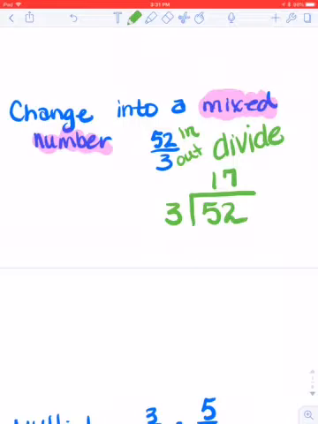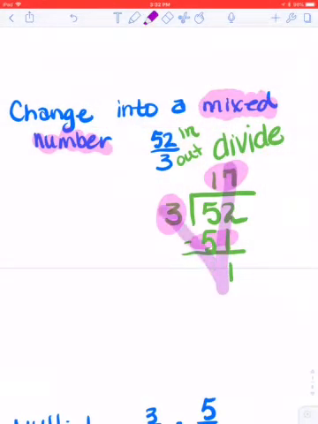So if I take 17 times 3, that number's going to go here. That's going to be 51. And if I subtract, I'm going to have 1 left. Now to solve this, we're going to use a little bit of that check mark method. So like that. It's going to be 17 and 1/3.